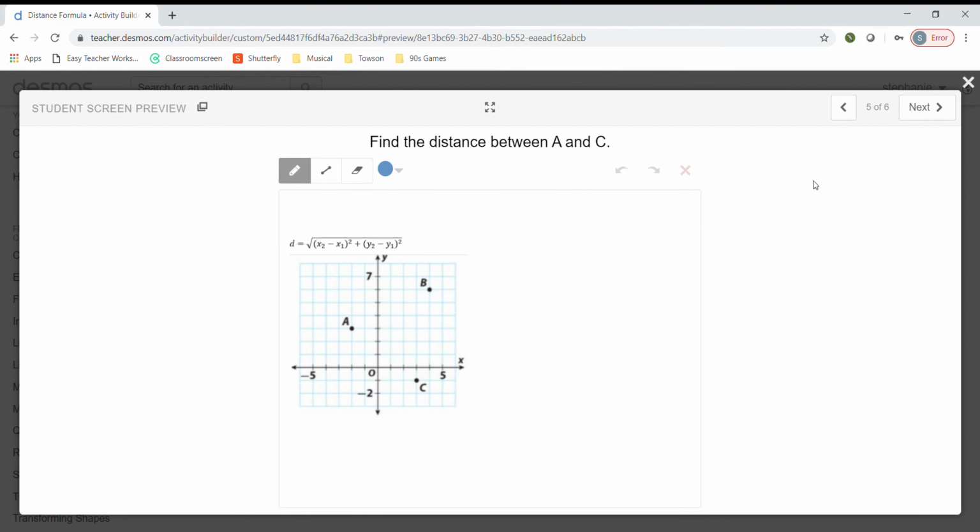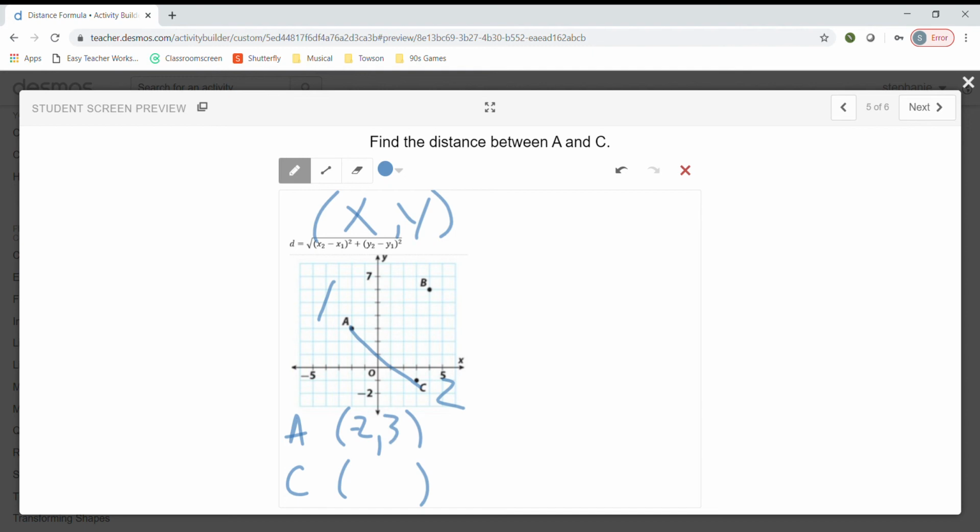All right, let's look at number 5. So now we're looking at point A to point C. Let's call point A point 1, point C point 2. So A and C. Remember, it is X, comma, Y. So for point A, it is negative 2, 3.